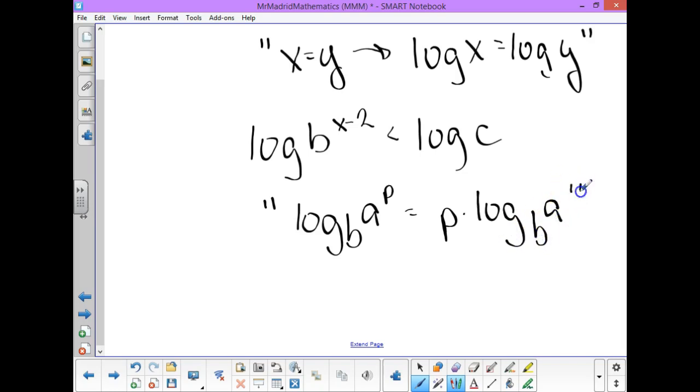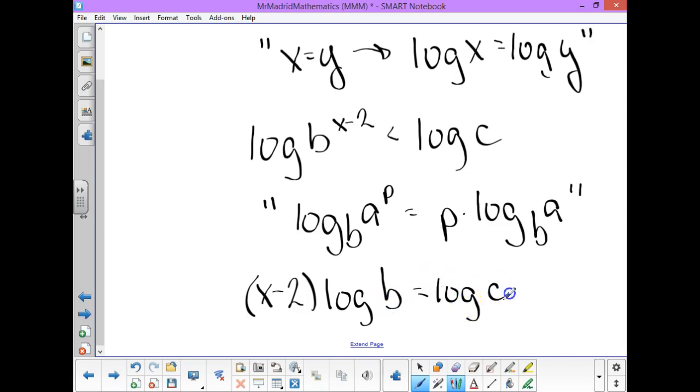So that's the knowledge that I'm going to be applying here. With that said, I've got now x minus 2. Before these get lost, I'm going to lump them together in parentheses. I've got log base b, equal to log of c.